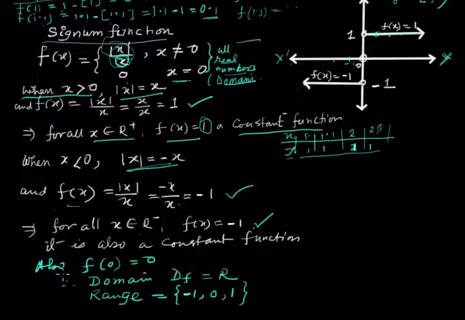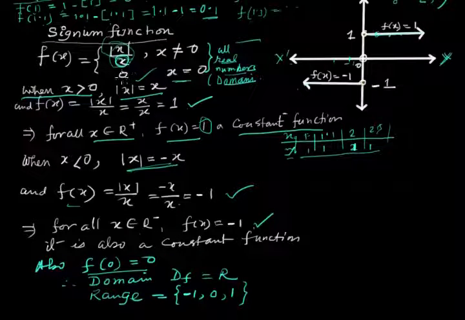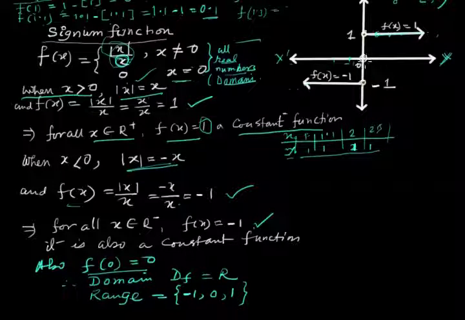And thirdly, when x is 0, f(x) is 0. So (0, 0) is a point, that is the origin. So the graph consists of three parts: one, a line parallel to the x-axis on the positive side; another line parallel to the x-axis on the negative side; and 0 at 0.